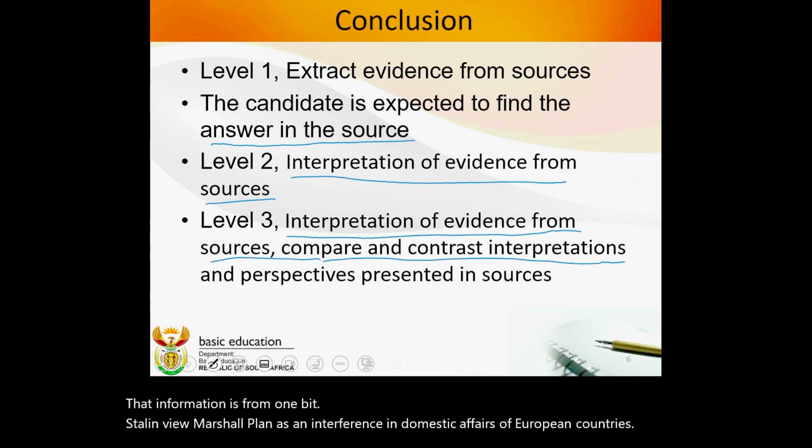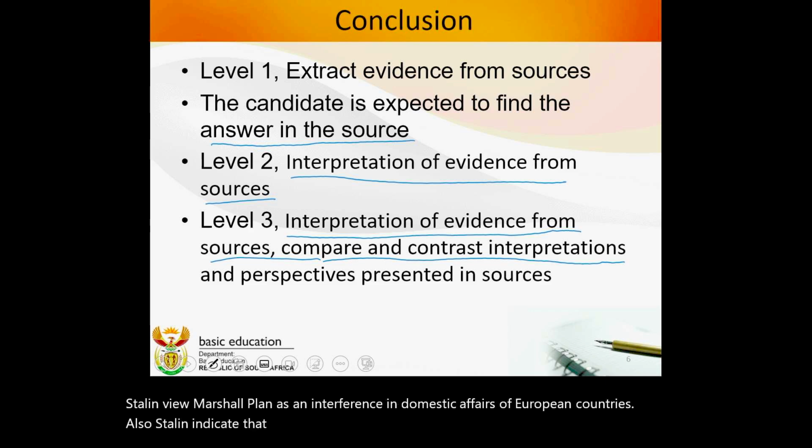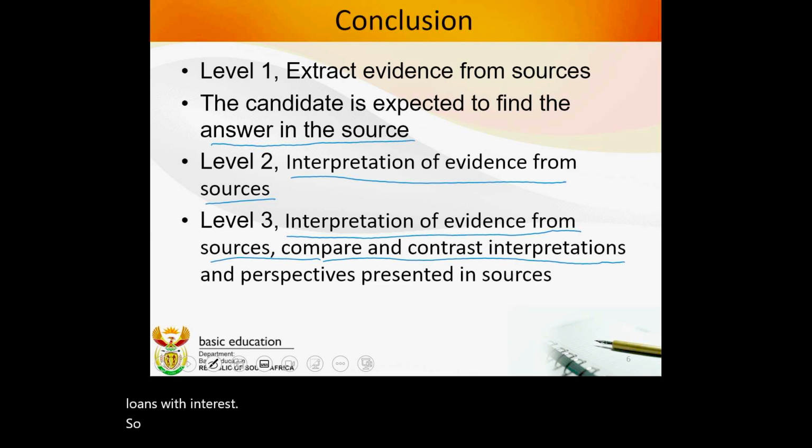Also, Stalin indicated that these countries were given the Marshall Plan, but they have to repay these loans with interest. So all this answer is from source 1B. In other words, in each and every source, a learner must try to use his or her own wording. He is not rewriting sources verbatim. He is interpreting evidence from sources.